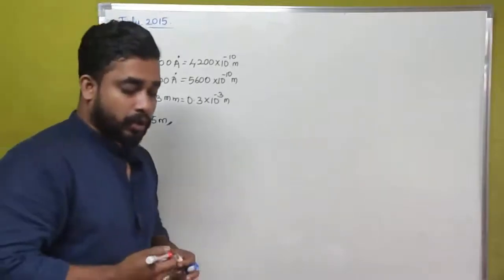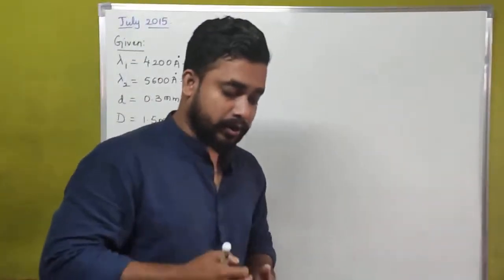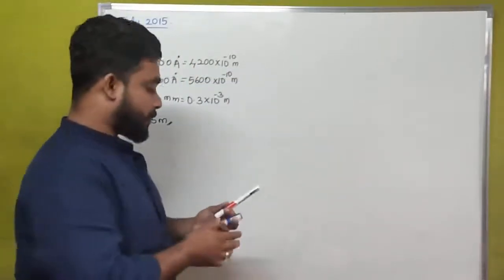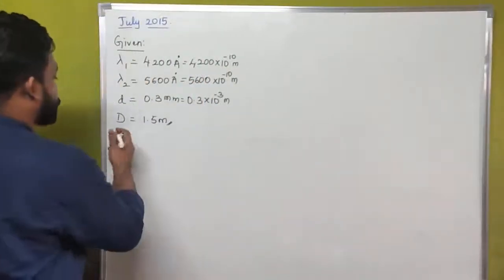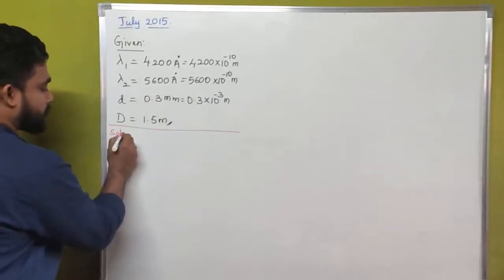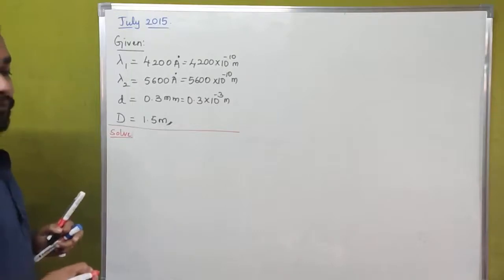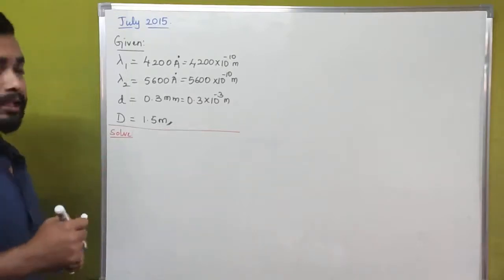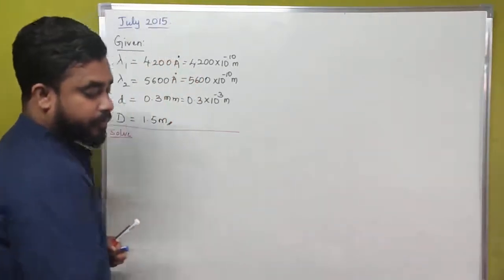Now what we have to find out is the distance of the nth bright fringe from the central maximum.